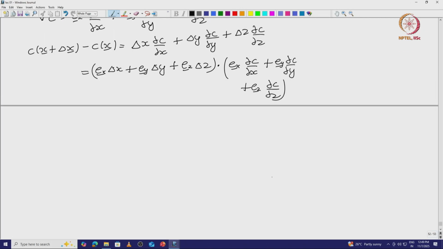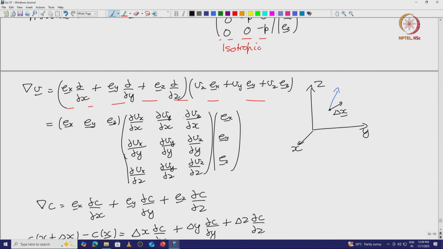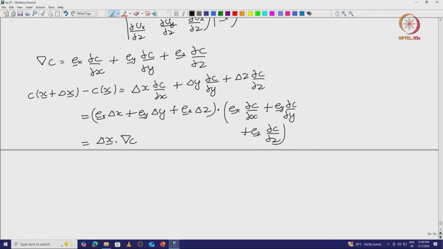If you take the dot product, you will get delta x partial C by partial x plus delta y and so on, and this is equivalent to delta x dotted with grad C. So, the change in concentration between two nearby locations separated by a distance delta x, delta C, is equal to delta x dotted with grad C. If you go a small distance delta x in some particular direction, there is a change in the concentration. That change in concentration is delta x dotted with grad C.